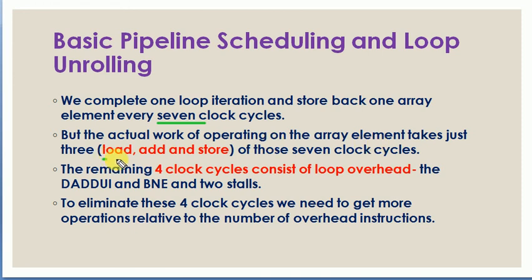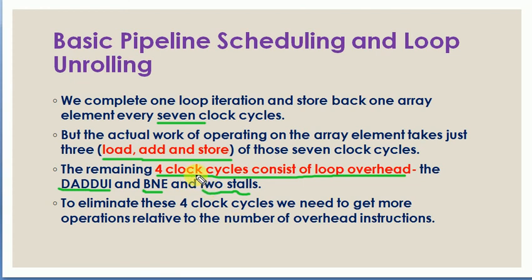The actual operations are load, add and store, and among these 7, the other 4 clock cycles consist of loop overhead, meaning 2 loop branching operations, and 2 for stalls. The other 4 clock cycles are because of stalls as well as loop overhead, that is the operations related to the loop, that is the decrement, add unsigned integer and branch on not equal to, and the 2 stalls that happen between these operations.